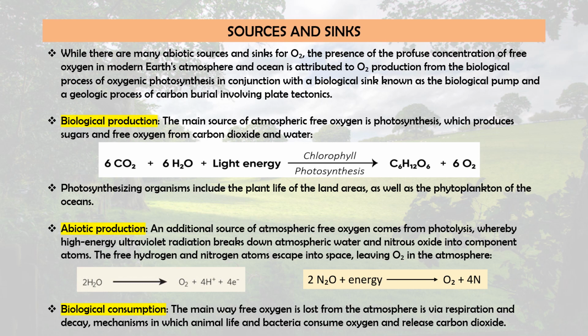So while there are many abiotic sources and sinks for oxygen, the presence of the large concentration of free oxygen in modern Earth's atmosphere and ocean is due to the oxygen production from the biological process of oxygenic photosynthesis, with a biological sink known as the biological pump and a geologic process of carbon burial involving plate tectonics.